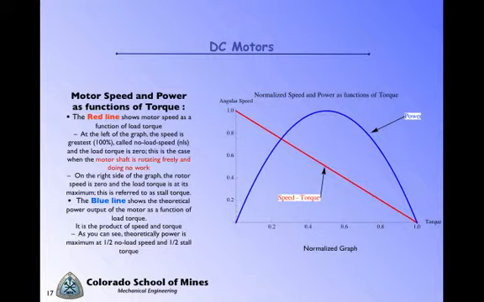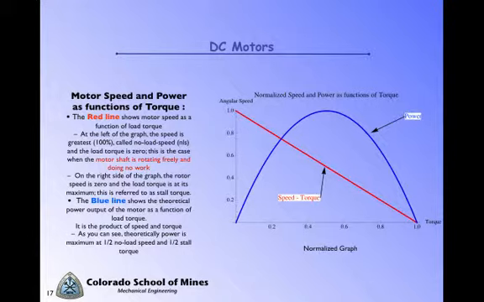So if we go over to the zero torque point, that is 0 on the x-axis, then what we notice is that we are at 1, this is normalized, but 1 unit of speed on the y-axis, and that's referred to as no load speed.